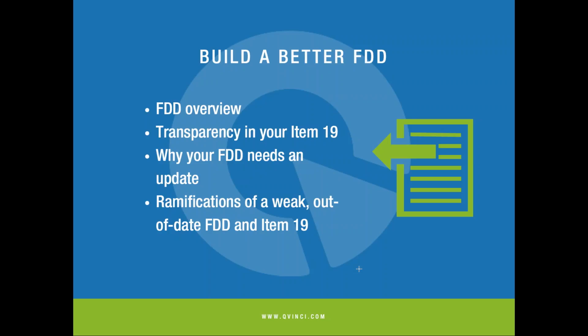And so transparency in an FDD and Item 19 really does help increase your compliance. It gets everybody on the same page as far as reporting goes. It gets them on the same page on what expectations are.